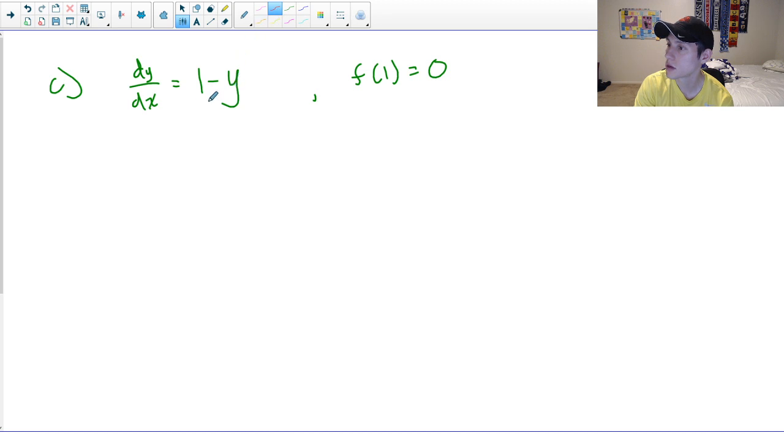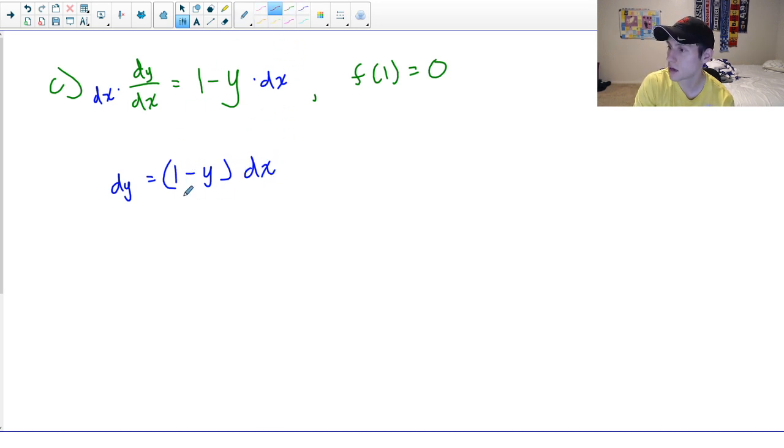So here's what I'm going to do. We can first multiply both sides by dx. That's fine. But I don't want this 1 minus y to be with the dx, grouped together in those parentheses.